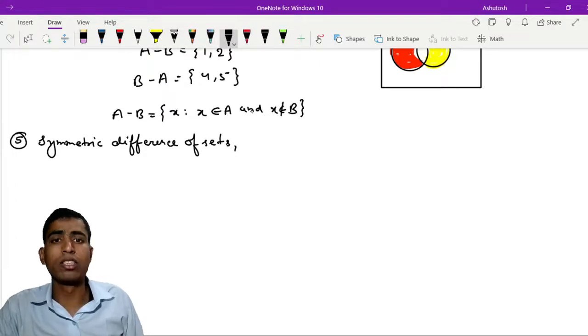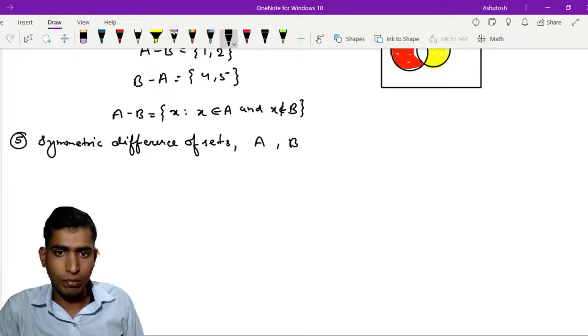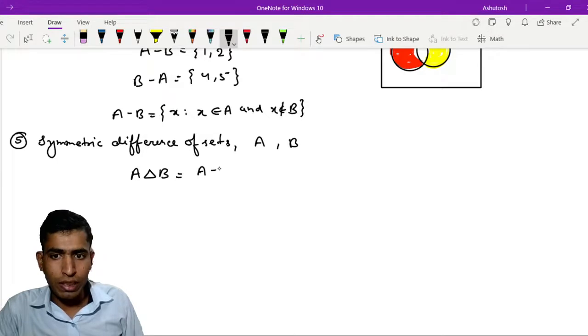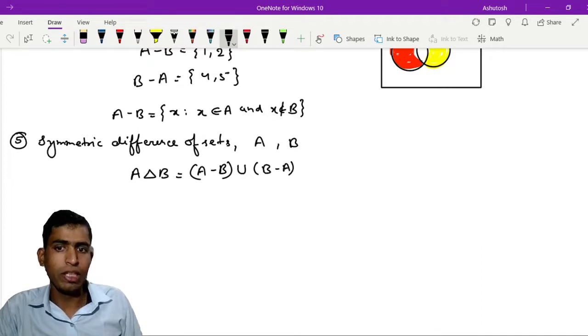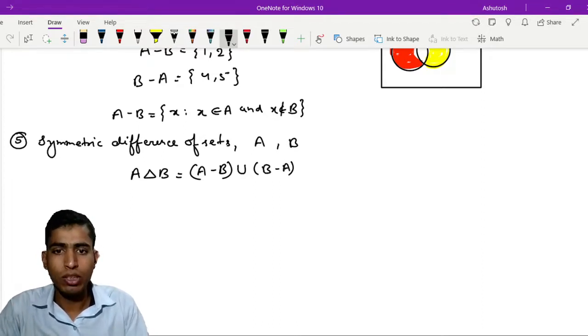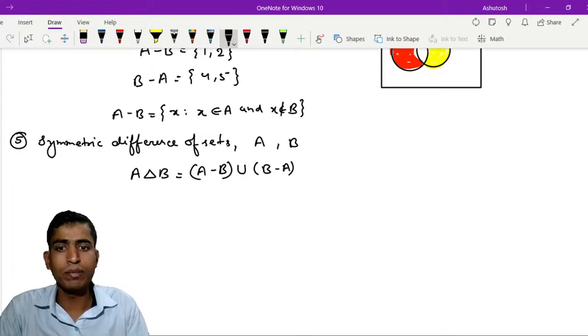If there are two sets A and B, it is represented this way, A triangle B. It means A minus B union B minus A.